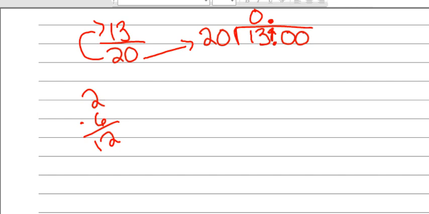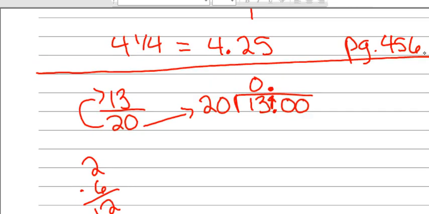That's pretty close. So I'm going to do 6. And 6 times 20 is 120. And again, if you need to use your calculator, use your calculator. So I'm going to subtract, and what's 130 minus 120? It's 10.